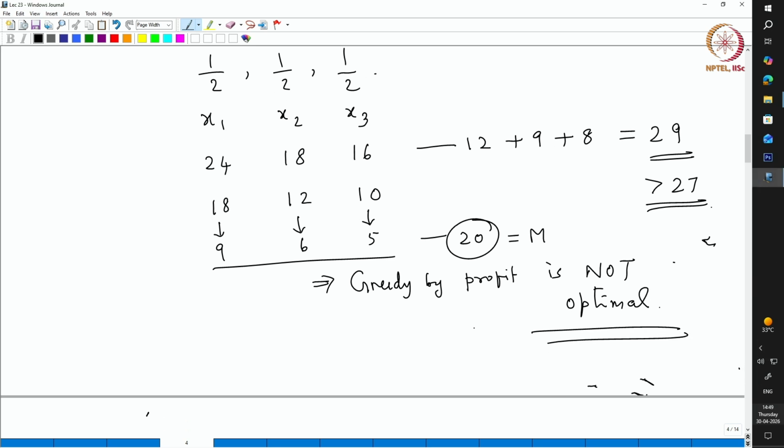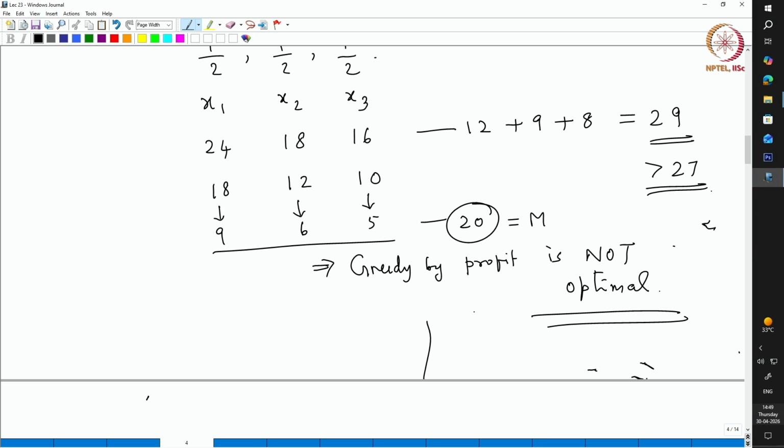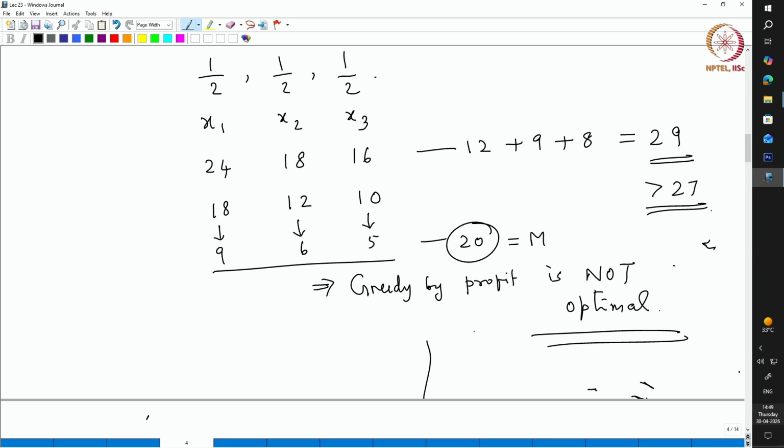There are solutions like this that give better profit. It gives more profit. Therefore, greedy is not producing a solution that is optimal.